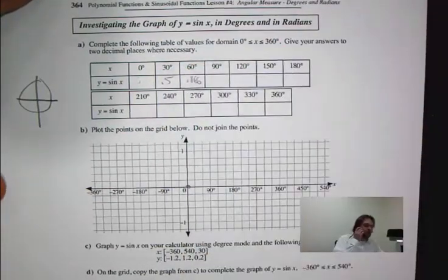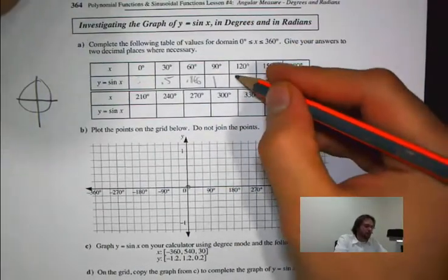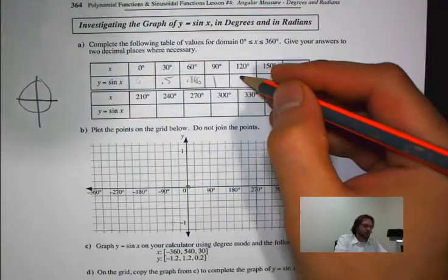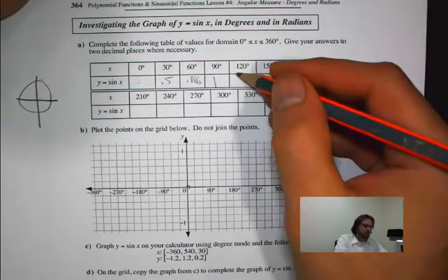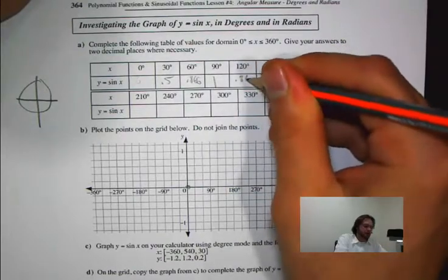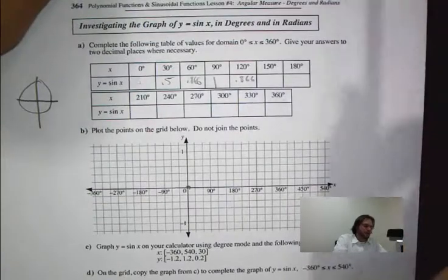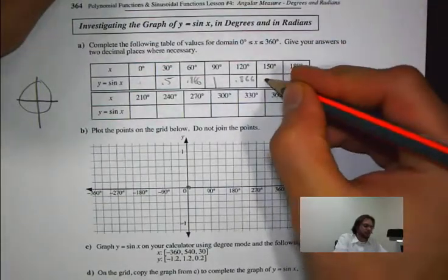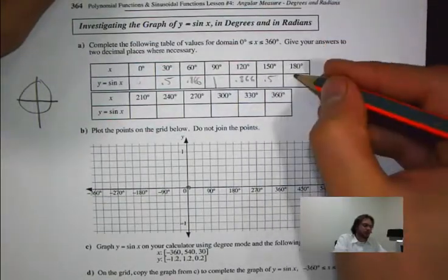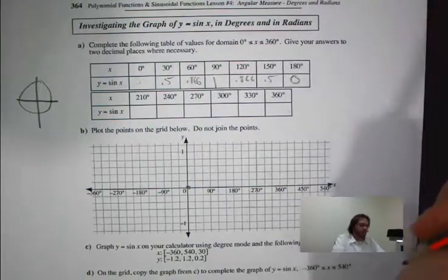And I'm going to keep on doing that. So this is 1. Now 120 is going to give me 0.866. And this here is going to give me 0.5. And then 180 is going to end up giving me 0.